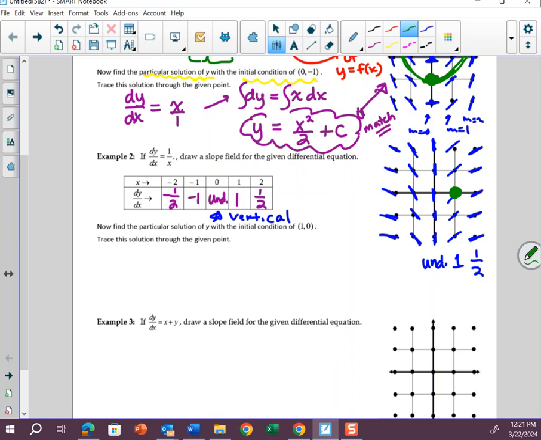In this case, I'm going to go 1, 0. A vertical line set of slopes sort of acts like an asymptote. So when I start sketching the curve, I can't cross over that wall of vertical lines.